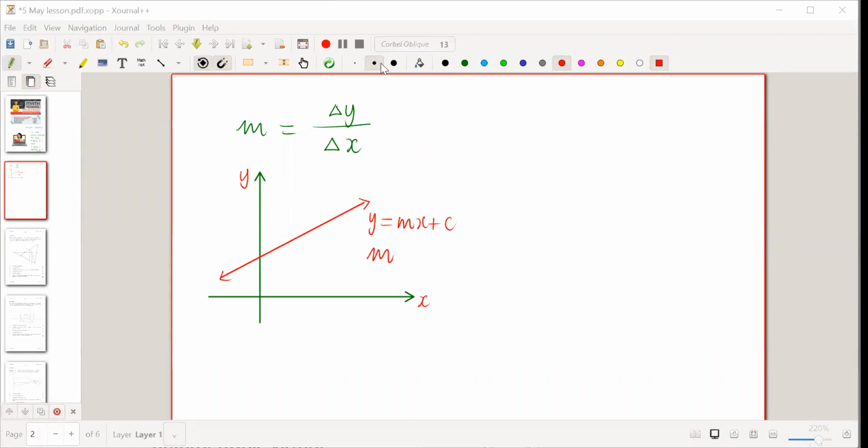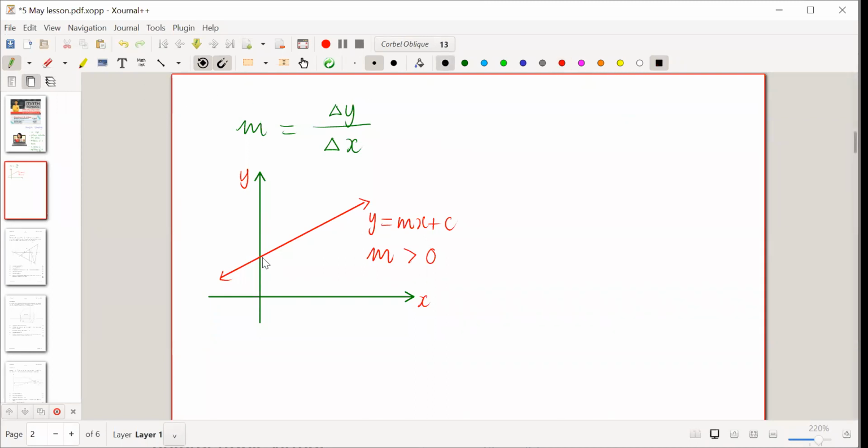Great, and we see the responses in the chat box are, it's positive. So yes, the gradient in this case is indeed positive. The line is rising. Okay, so that's one way that we characterize it.